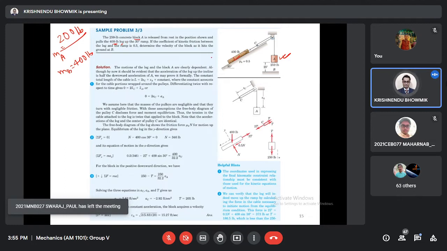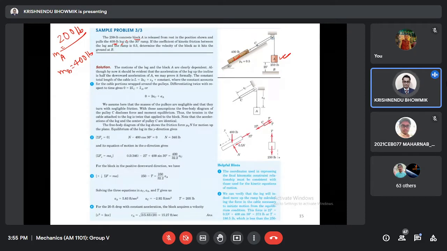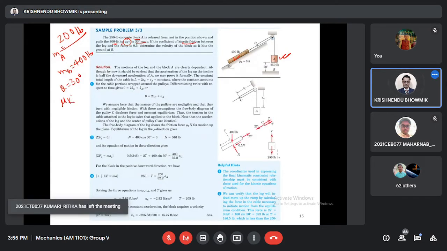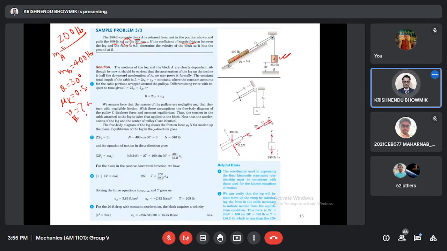This is the wooden block kind of thing. It is a log and it is moving up a 30-degree incline. If the coefficient of kinetic friction mu k is 0.5, then determine the velocity of the block as it hits the ground. So vB equal to, we have to calculate at s equal to 20 feet.